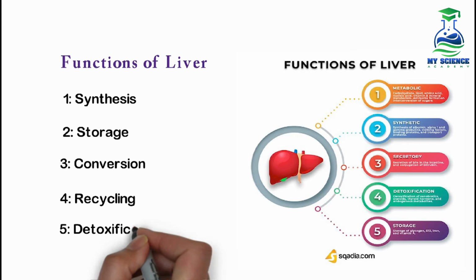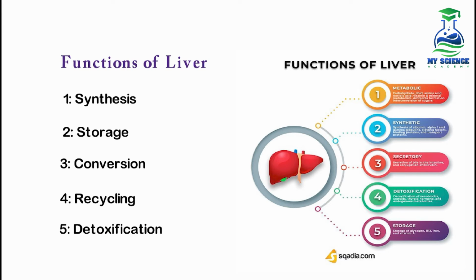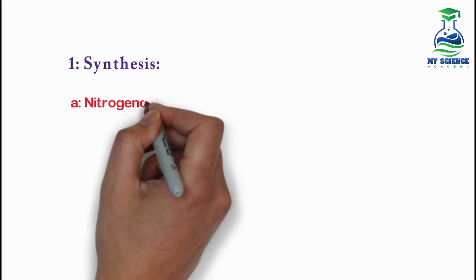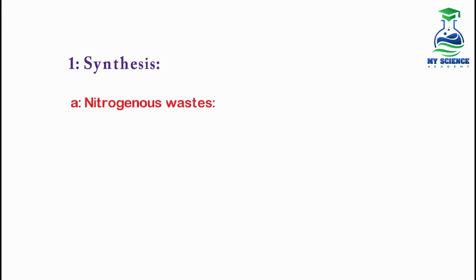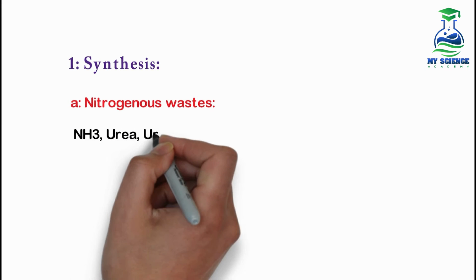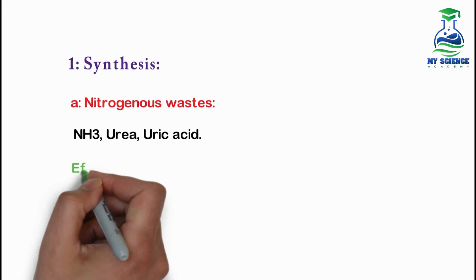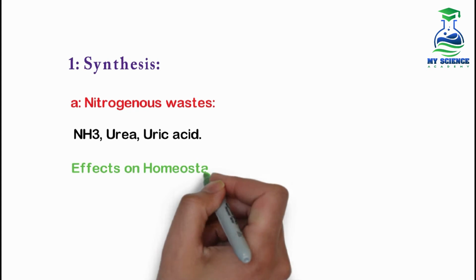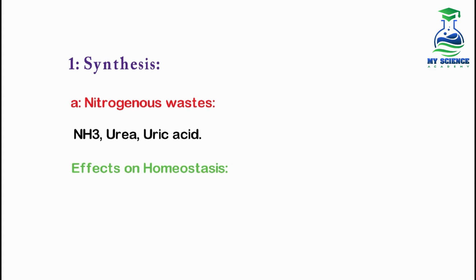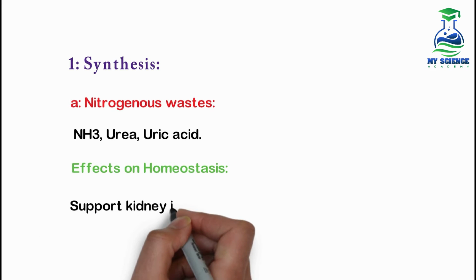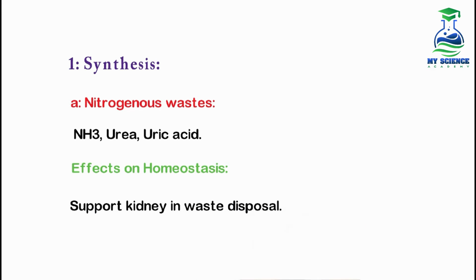And number 5, detoxification, which are further subdivided into further functions like synthesis of nitrogenous base, ammonia, urea, and uric acid. And what is their effect on homeostasis? They support the kidney in waste disposal.